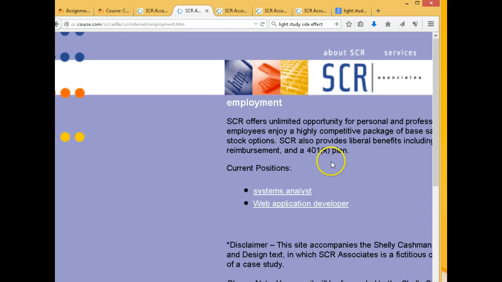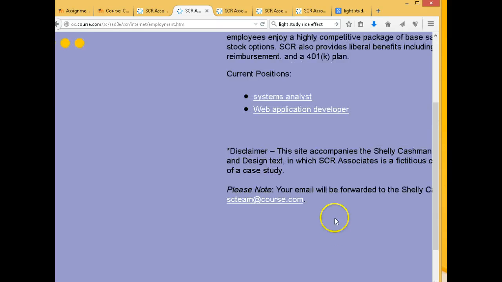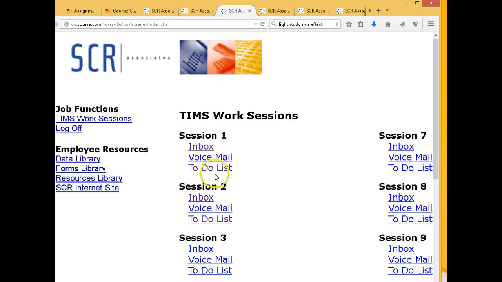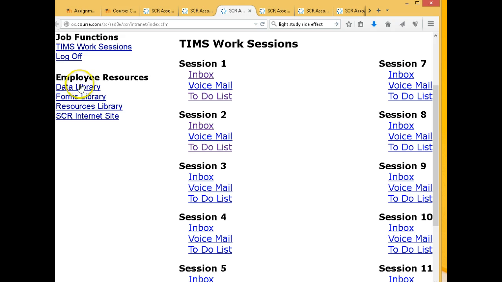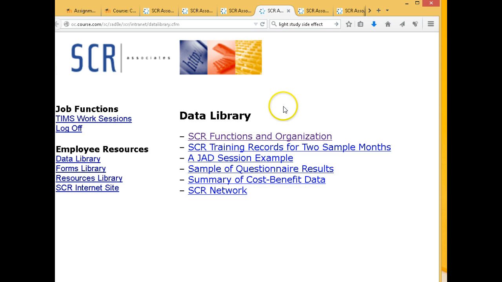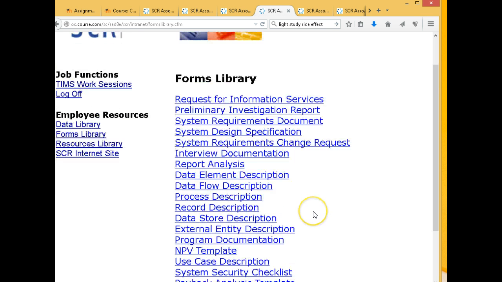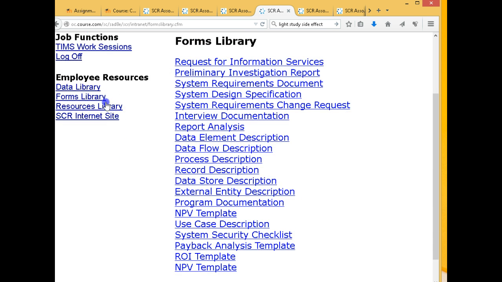No. Let's see. There's our intranet. Do we have anything more about the other groups? Let's see. Forms. Resources.